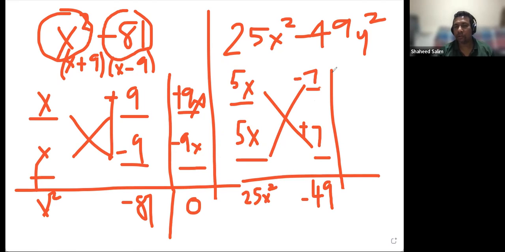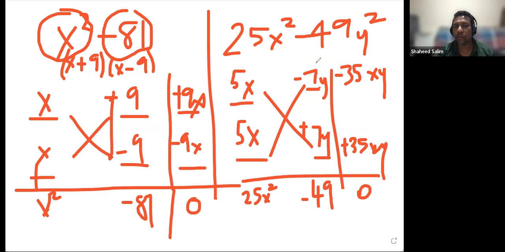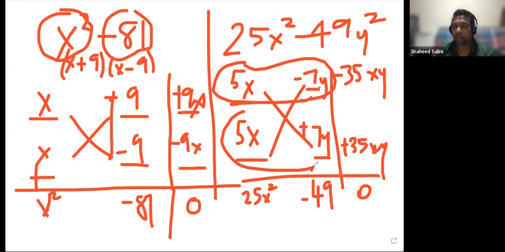So 5 times 7, my negative 35xy, then here, positive 35xy. That becomes 0, right? So there's no center term. So down here, your final factorized version: 5x minus 7y, 5x plus 7y.